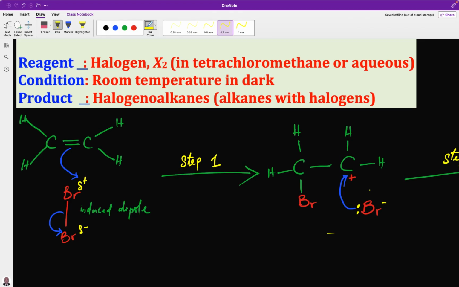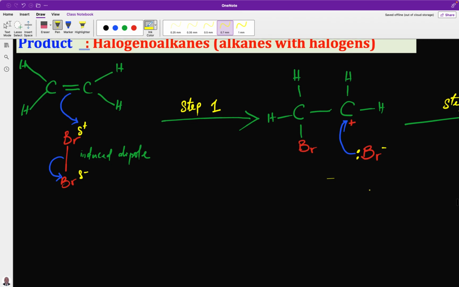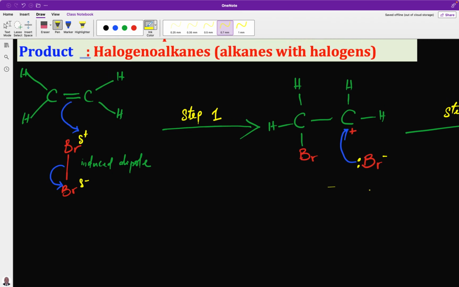We can summarize this. You can still summarize this with an equation like this. This is the mechanism, and we can summarize it using this equation, ethene plus bromine.